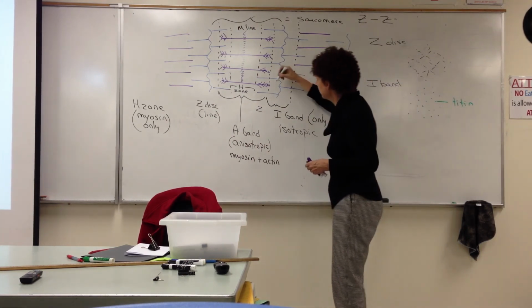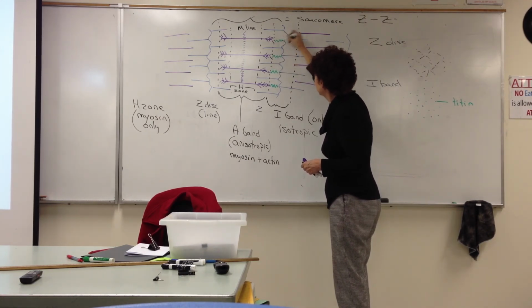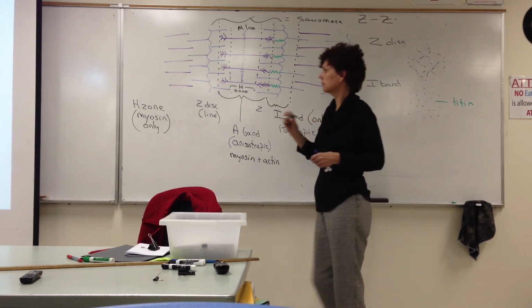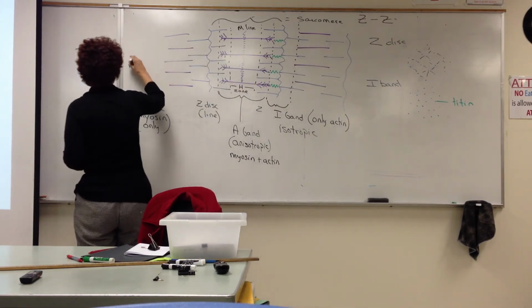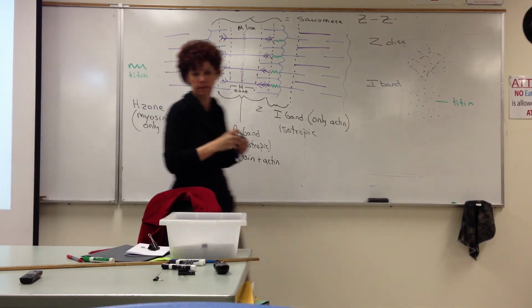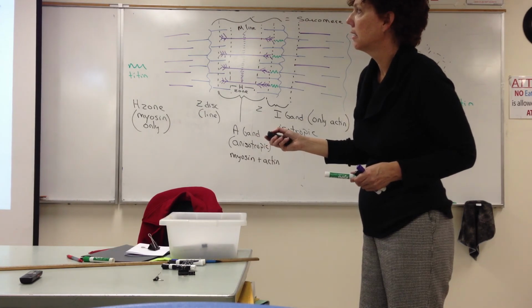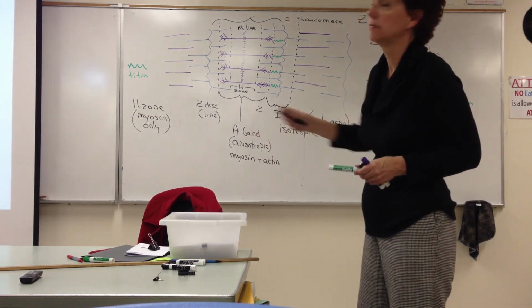So titin is a spring-like structure that attaches the myosin to the Z disc. And you can see that right here.